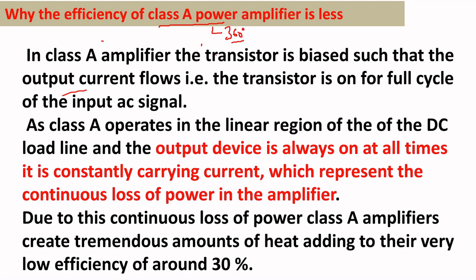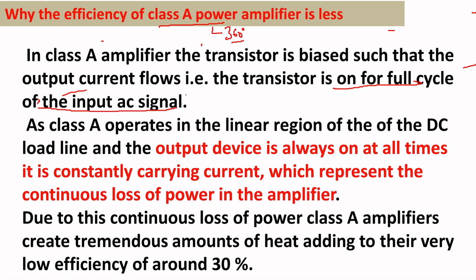Very simple: in the class A amplifier, the transistor is biased such that the output current flows and the transistor is on. Very important point: the transistor is on for the full cycle of your input AC signal.